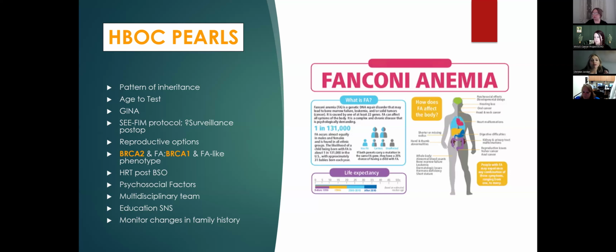So what is the SEE-FIM protocol? This is a very important protocol that we have to follow whenever we are doing a risk-reducing BSO. It stands for, let me make sure I get it, sectioning and extensive examination of the fimbriated end.